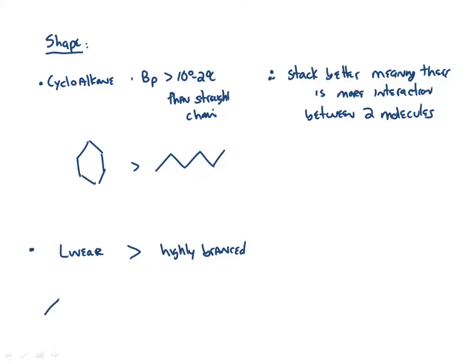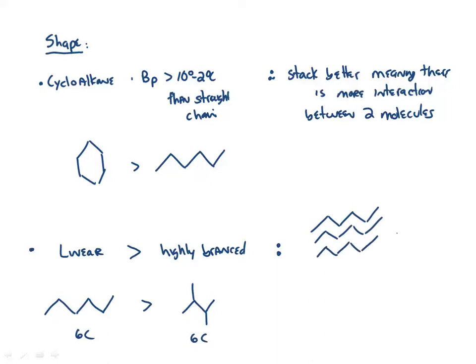And so what we're saying here is that hexane probably has a higher boiling point than, say, a branched isomer, even though they're both 6 carbons, because the other one is short and squat and kind of globular, whereas the other one is a big long chain. And that's because if you take a look at it, chains can line up nice and easy, like this. And so there's lots of interaction between the chains.